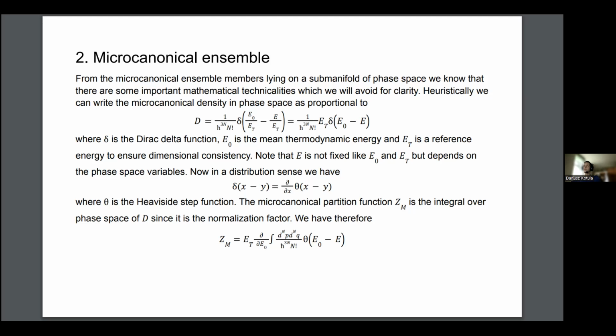The microcanonical partition function Zm equals the reference energy ET times the partial derivative with respect to the mean thermodynamic energy E0 of the integral of d^n p d^n q divided by the reduced Planck constant to the power of 3n times the factorial of n times the Heaviside step function theta of the mean thermodynamic energy E0 minus energy E.